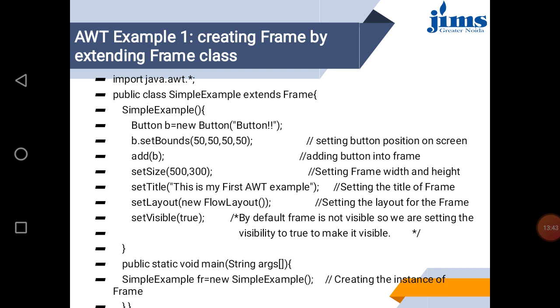In this program we are using one constructor of class SimpleExample. In this constructor we have created a button, and we are bounding it using the setBounds method. So b.setBounds sets the position on the screen.